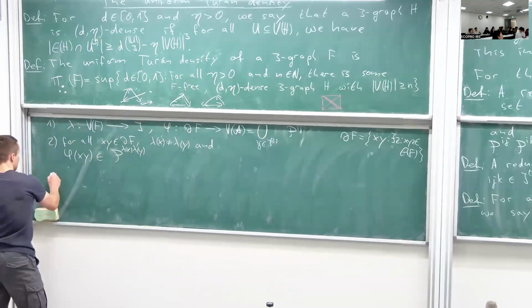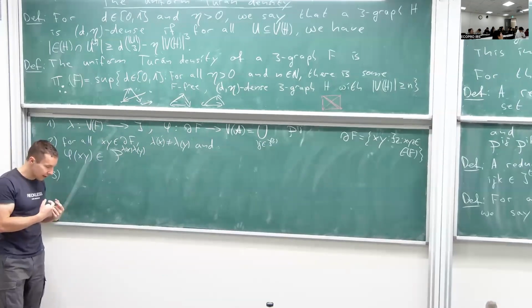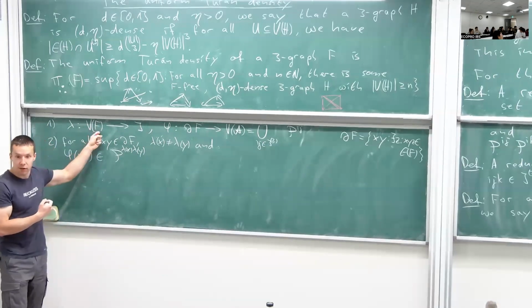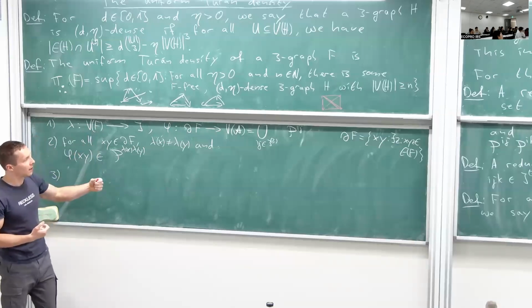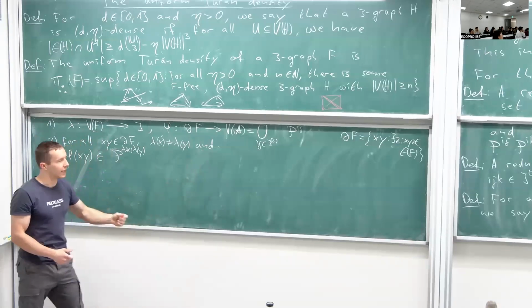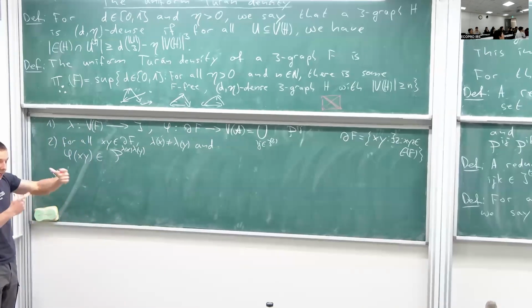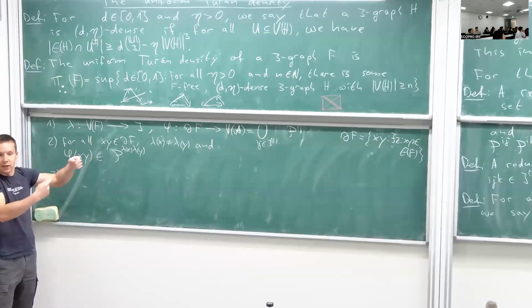And lastly, when we have an edge in F, then we must see an edge in the respective three-partite 3-graph of A, right? So when we have an edge, in particular, each of the pairs will lie in the shadow.